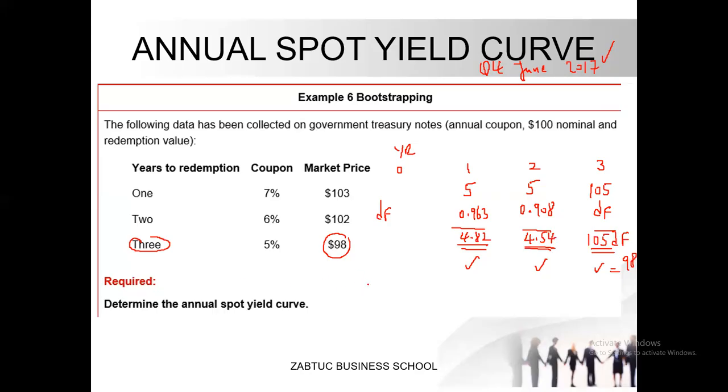We are saying 4.82 plus 4.54 plus 105 DF equals 98. So let's go then: 105 DF equals 98.